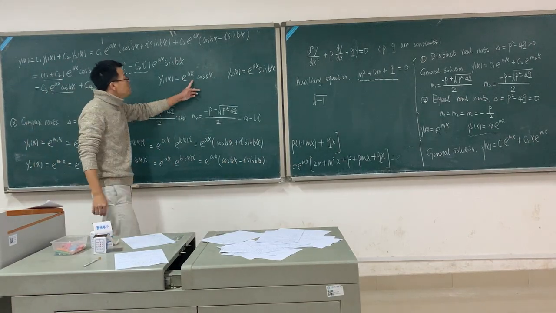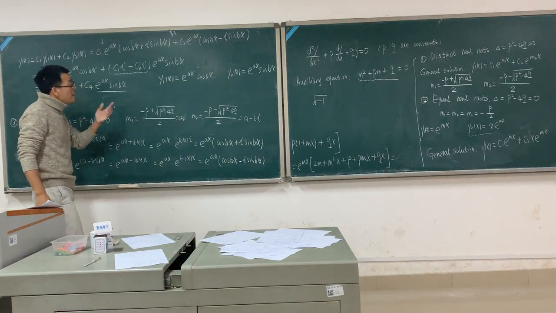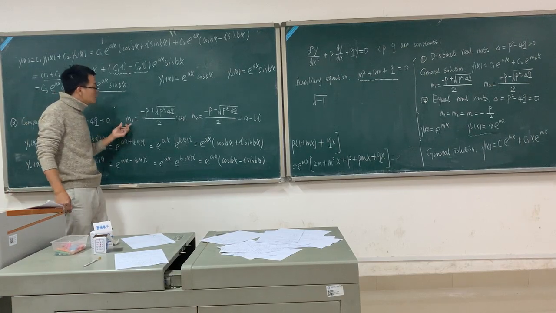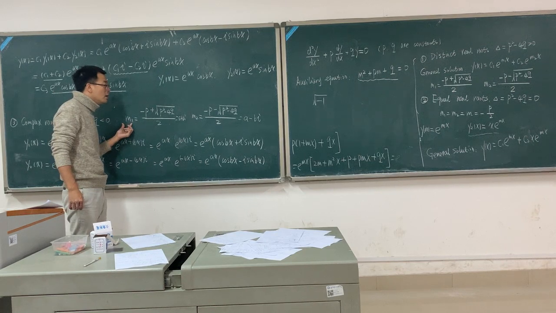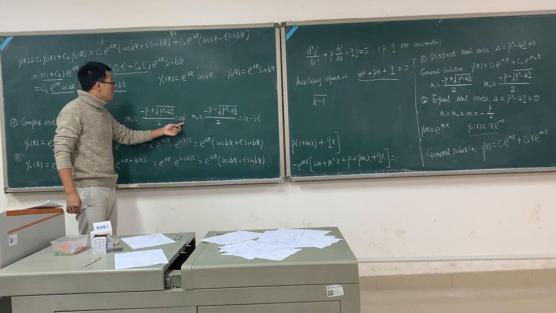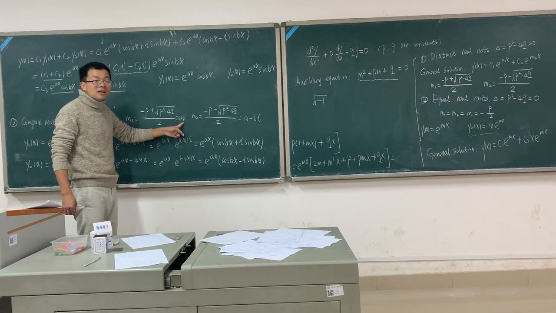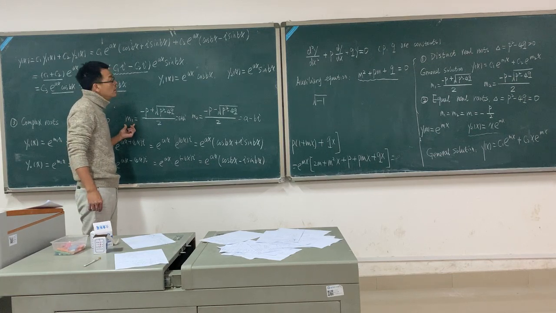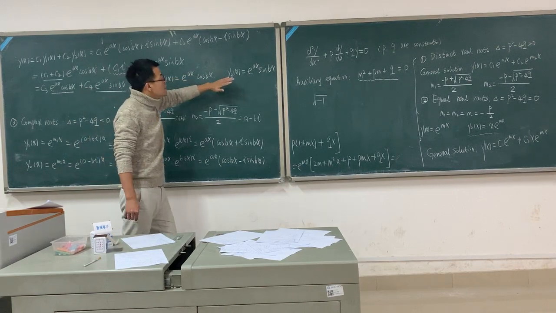So here, what are a and b? Here a is the real part of the root, and b is the complex part of the root. So this is the first solution, the second solution.